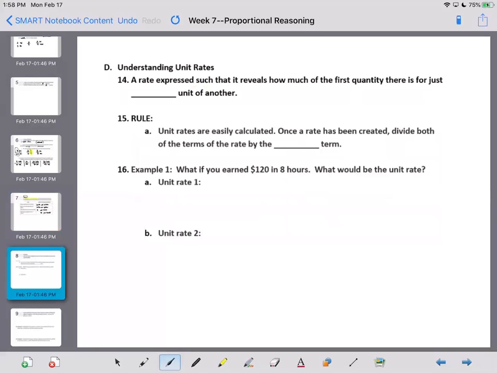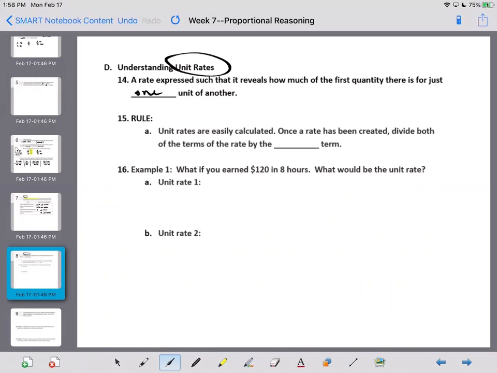A rate can be expressed in such a way that it reveals how much of the first quantity is for just one unit of another. So when we're dealing with unit rates, that's our difference.